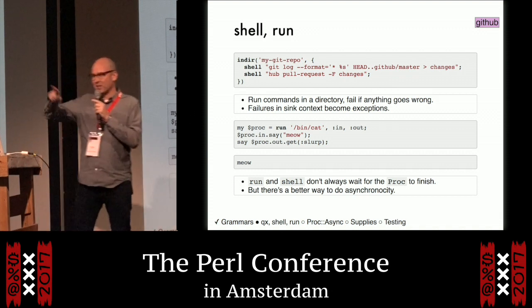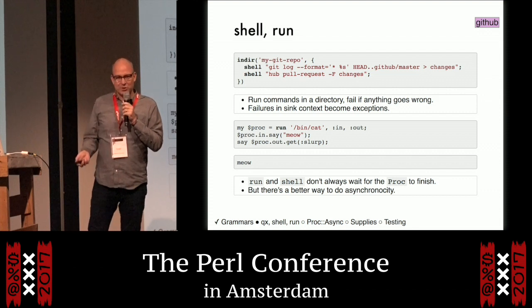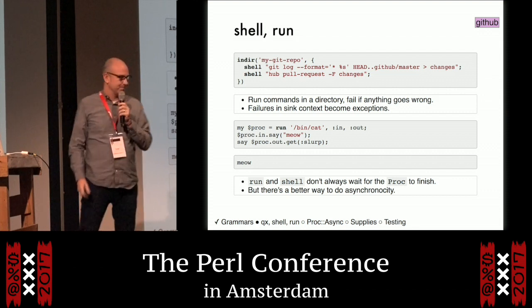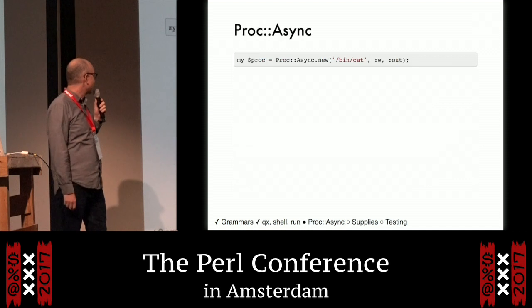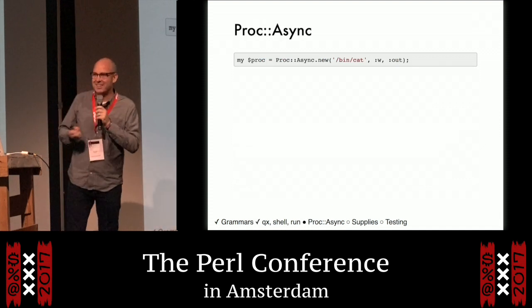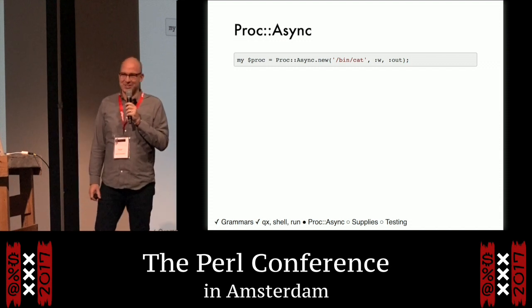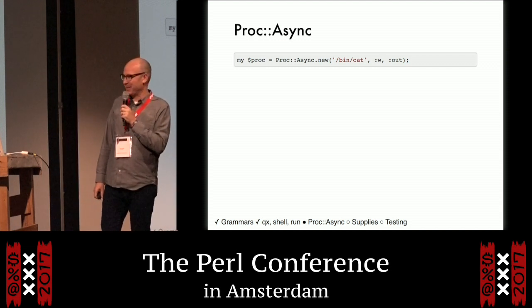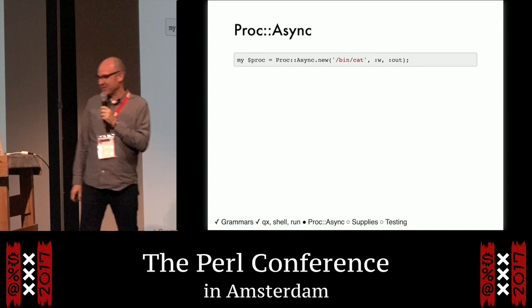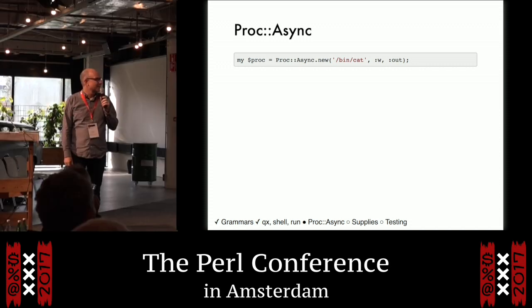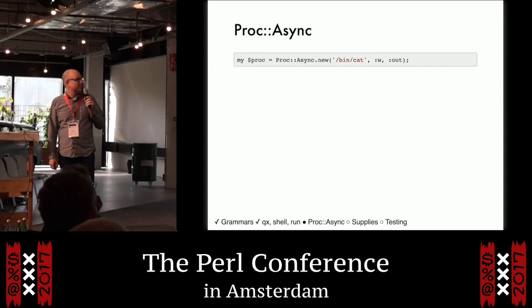But really, if you want to interact with commands asynchronously, there's a better way to do it. And that's with proc async. And don't worry, this is leading back to some real-world examples in a minute after we get past the bin/cat examples. So to use proc async, you make a new object.